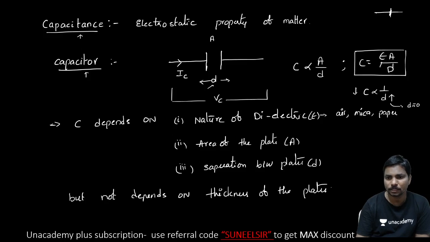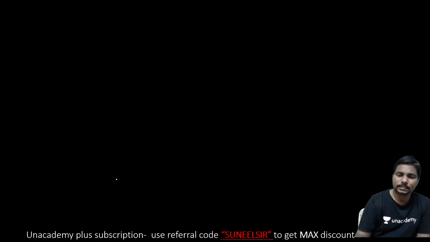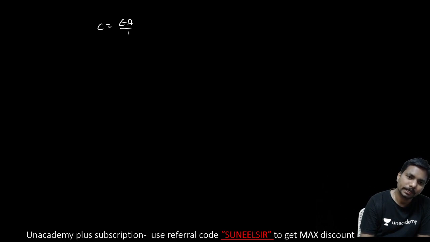And coming to this, epsilon is nothing but dielectric or permittivity. Let us discuss that. If C is equal to epsilon A by D, epsilon is the nature of dielectric or permittivity.